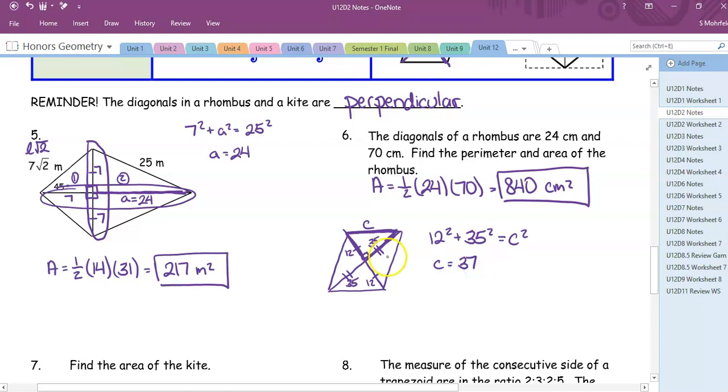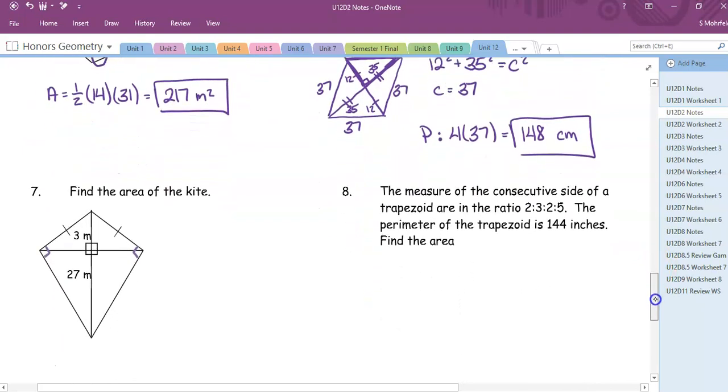And then because it's a rhombus, all my sides are going to be the same. So that's going to be 37, that's 37, that's 37. So the perimeter is going to be 4 times 37, which is 148 centimeters, not square centimeters. Okay, it's only one direction that we're measuring.